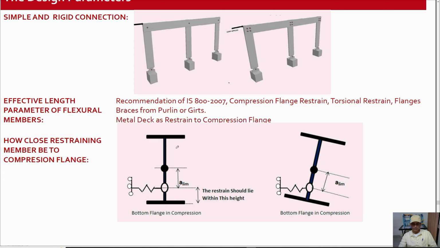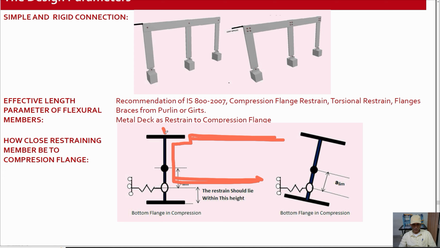The next is when a secondary member will provide lateral resistance, the resistance to the compression flange, and torsional resistance to a main girder.